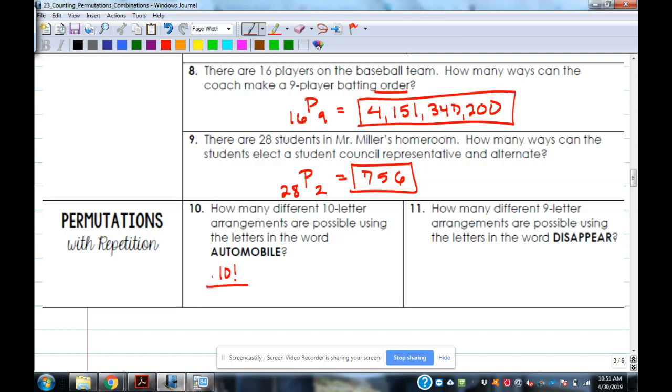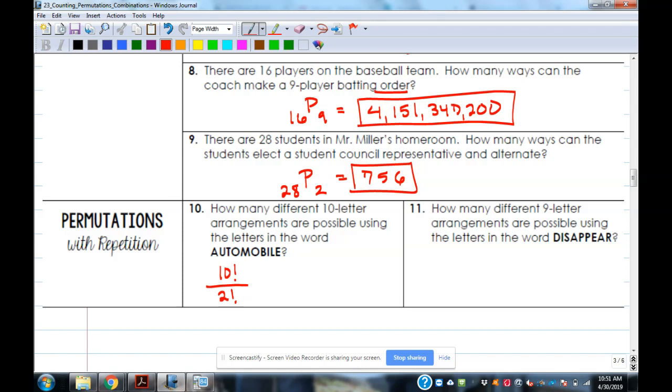You want to divide out your repetitions. So for every piece that's repeated, you put a factorial for that, how many times it's repeated. The O is repeated twice, so you'd put a 2 factorial in there. If there were another letter that was repeated, say 3 times, you would put a 3 factorial in there as well. So if there's multiple repeats in there, you're going to use more factorials in the denominator.